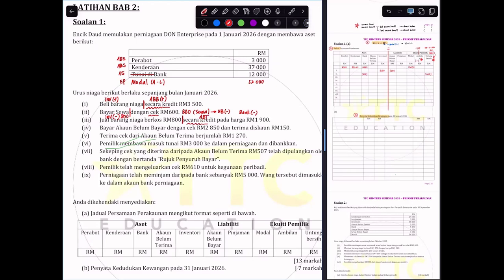We call it as terima. You haven't received means belum terima lah. Okay, you sell your product and you haven't received money. So the money that you haven't received, your belum terima, is getting more or less? More.